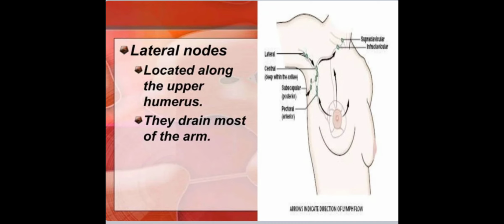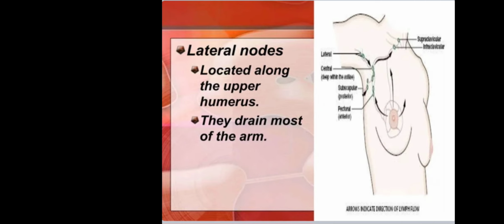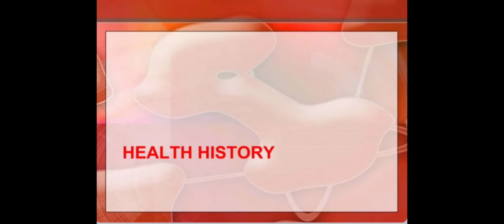The lymphatic fluid carries lymphocytes, and these lymphocytes fight infection. So when your lymph nodes are swollen, there may be something wrong, or an infection that our lymphocytes are fighting.